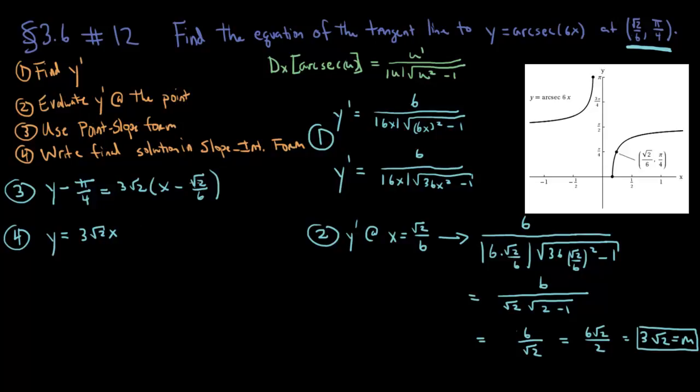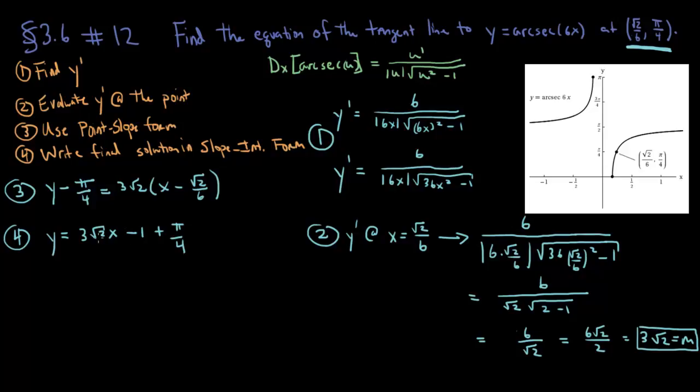Now, if I distribute here, I'll have 3 square roots of 2 times the square root of 2 over 6. So that gives me 3 times 2 over 6. Oh, so let's see here. That's 3 times 2, which is 6 over 6. Sure, that's 6 over 6 is 1. So that is minus 1 plus pi over 4.